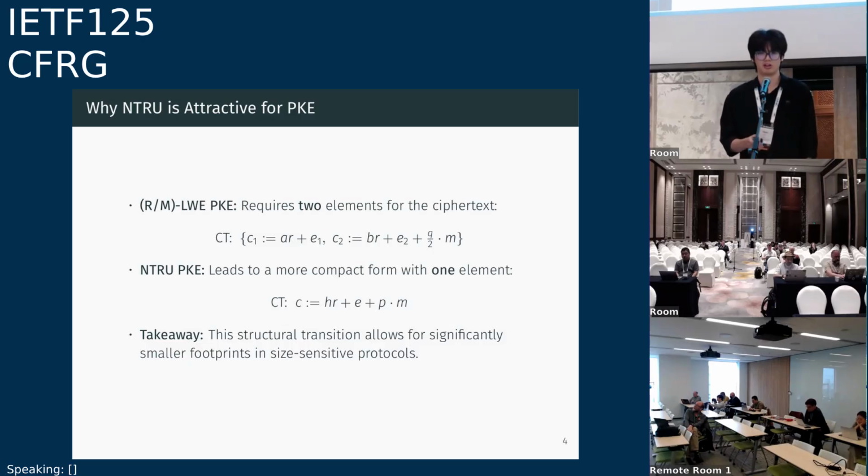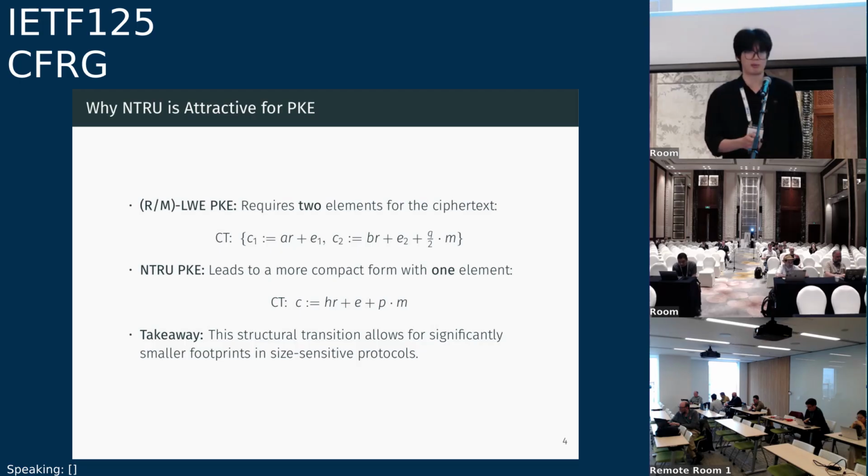So we start with a brief introduction of why NTRU can be more compact. This is the underlying structure. For ring or module LWE public key encryption, like ML-KEM, it usually requires two ring elements for the ciphertext, as we show here, C1 and C2.